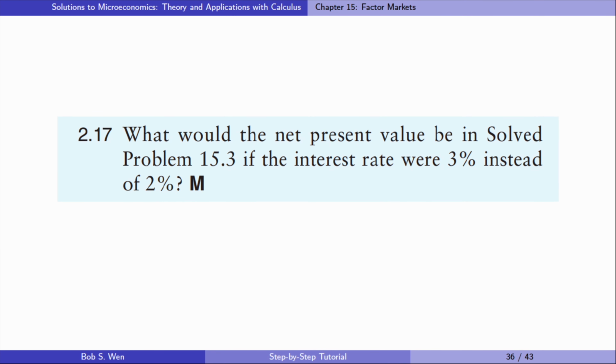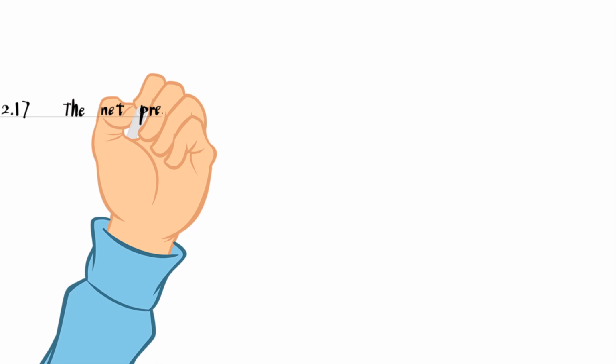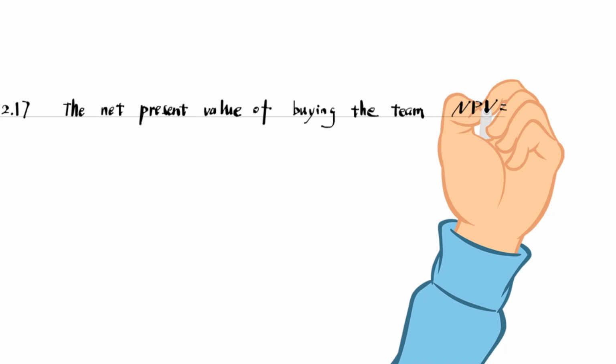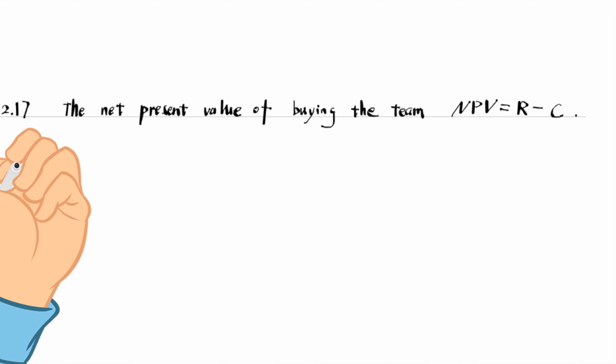Let's go to exercise 2.17. What would the net present value be in solved problem 15.3 if the interest rate were 3% instead of 2%? The net present value of buying the team equals the present value of the expected returns minus the present value of the cost.